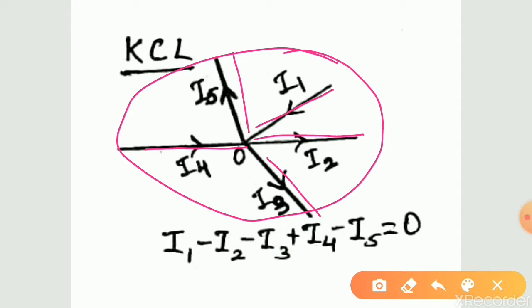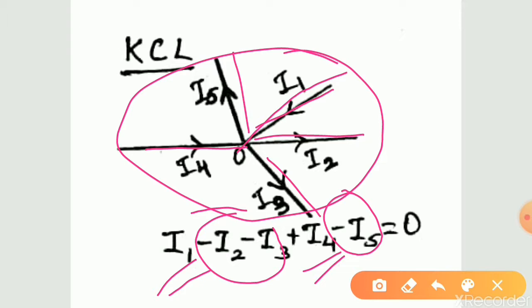Currents flowing away from the junction are represented with a negative sign, and currents flowing towards the junction are represented by a positive sign. And summation of all the currents is equated to 0.